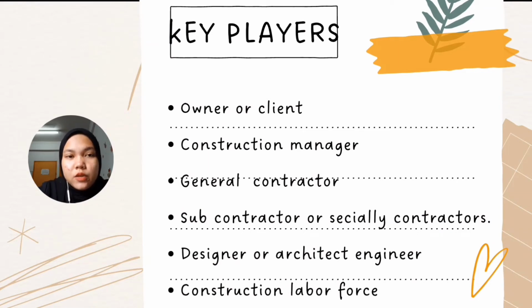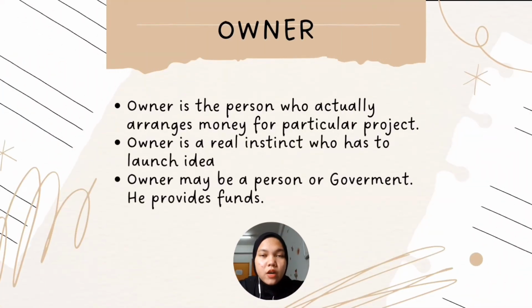Next, I will explain about key players in a construction project. There are a few key players, which are owner or client, construction manager, general contractor, subcontractor or specialty contractors, designer or architect engineers, and construction labor force.